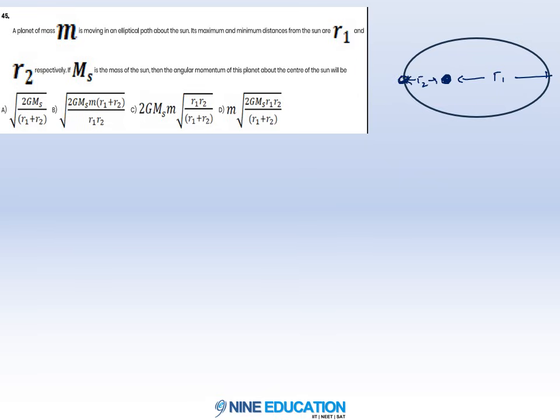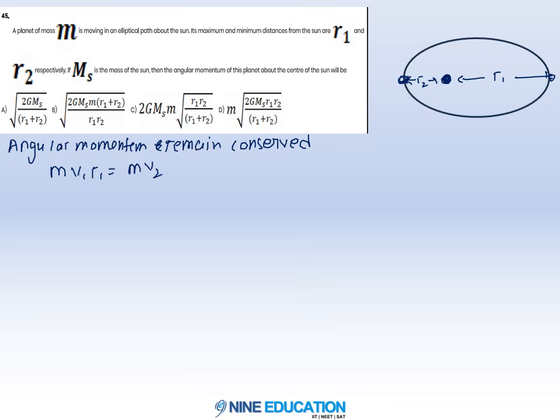We know angular momentum remains conserved. So let's check it. Angular momentum: m v1 r1 is equal to m v2 r2. So from here I can write v2 is equal to v1 r1 upon r2.